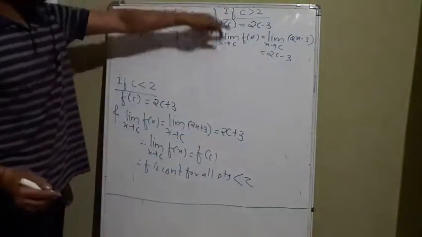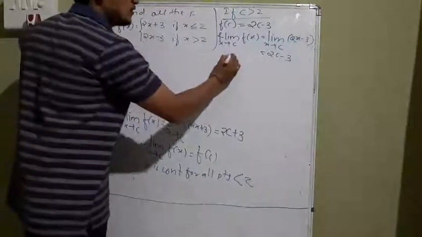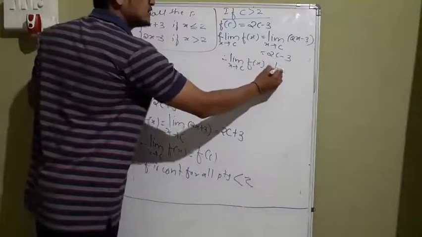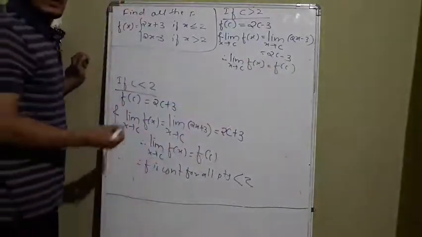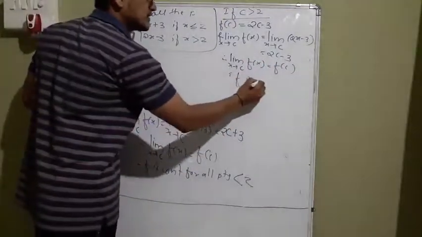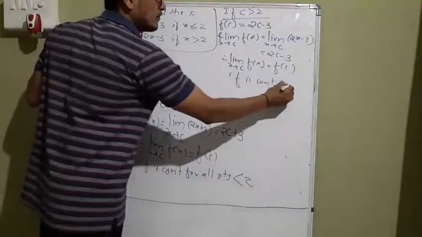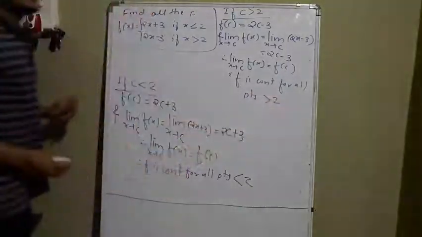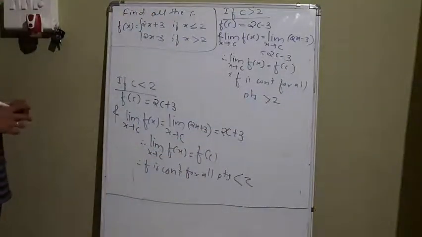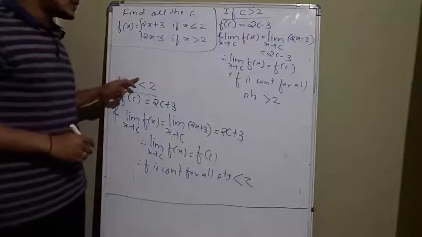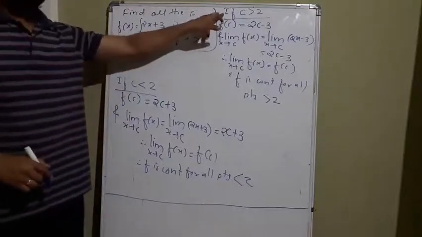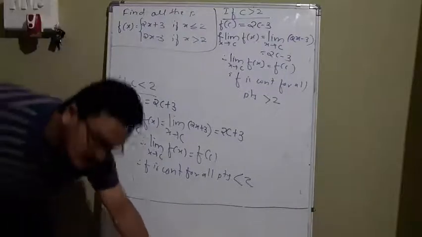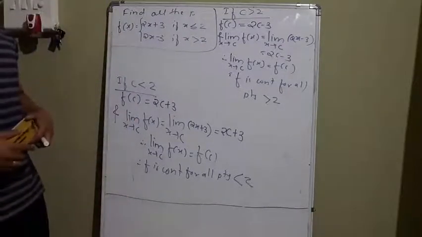Again f of c and the limit value are the same. Therefore limit x tends to c, f of x is equal to f of c, and therefore f is continuous for all points greater than 2. So for the first condition it is continuous, and for the second condition also it is continuous. But now the third condition will decide whether this function is continuous or discontinuous.